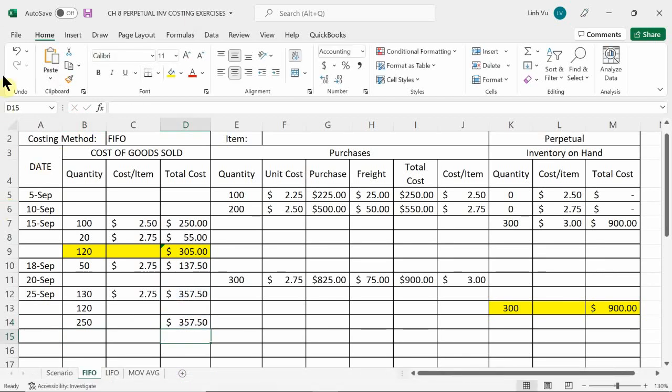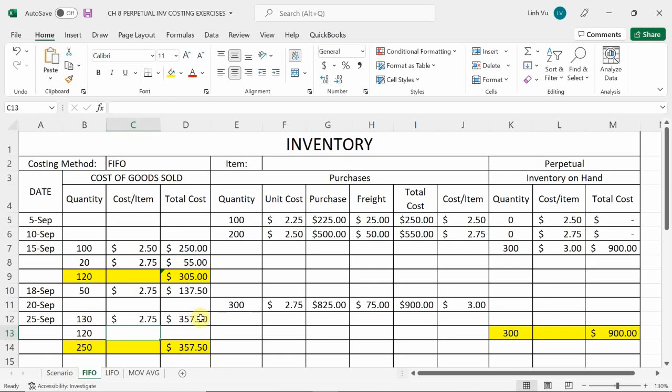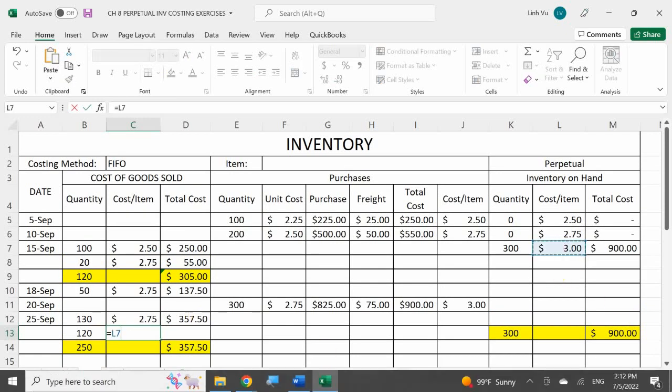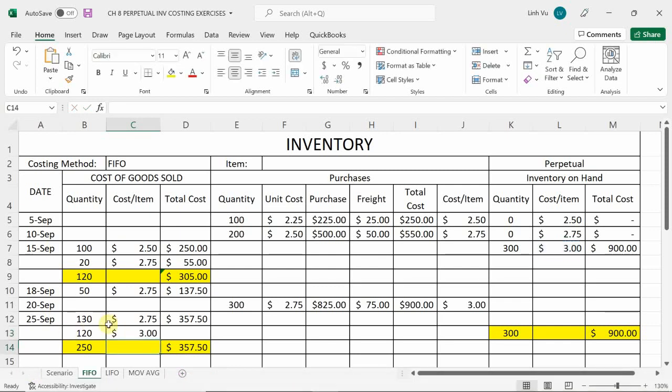If I have to sell 120 units, how much is it going to cost me per item? I only have one batch of inventory at $3. $3 times 120 gives me $360, giving me a grand total of $717.50 for selling all 250.